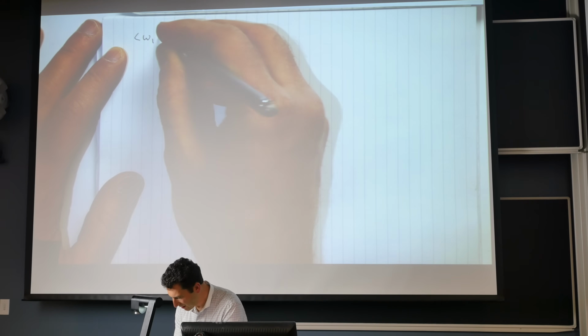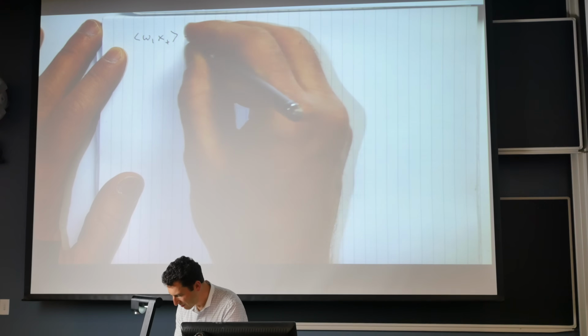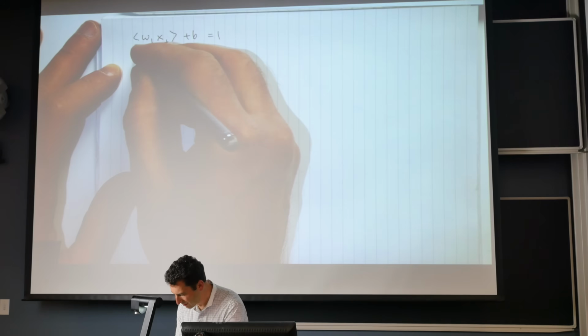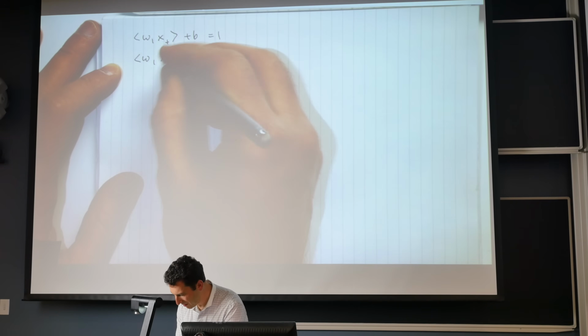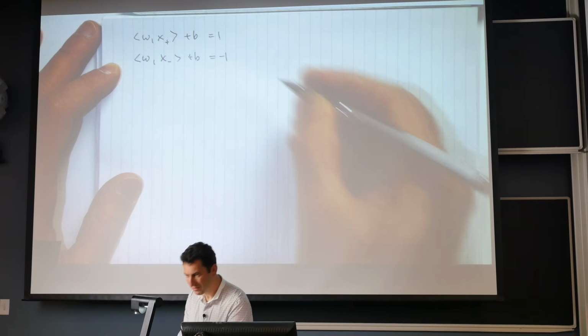Remember we have w·x+ + b = 1, that's a positive instance, and w·x- + b = -1.